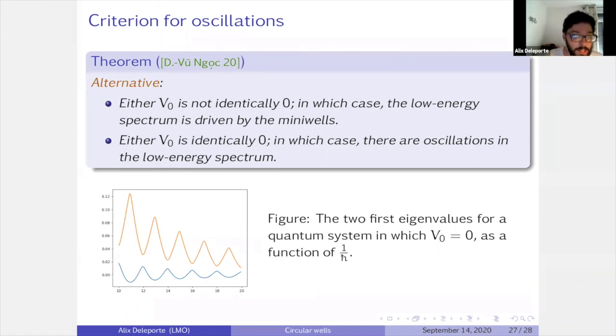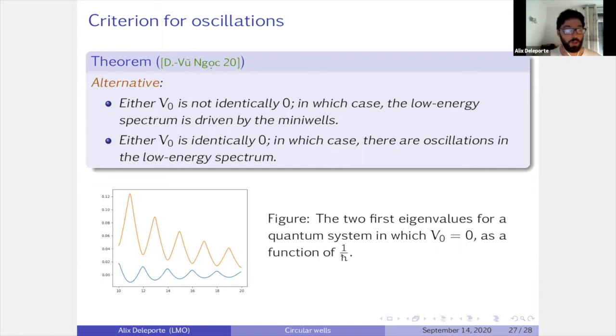And here is a nice plot for a quantum system on which V0 is equal to 0. And again, it's not hard to find a pseudo-differential operator for which V0 is equal to 0, because you just have to find one where the subprincipal term is equal to 0.